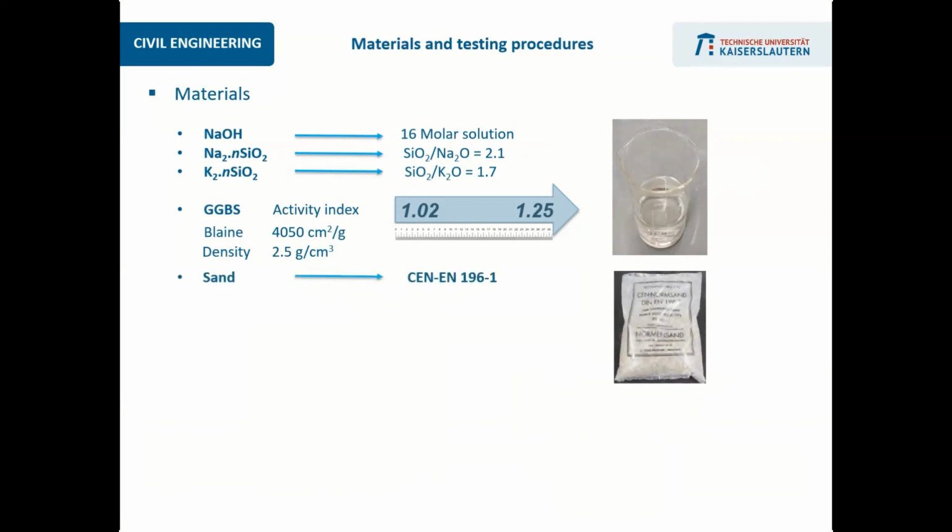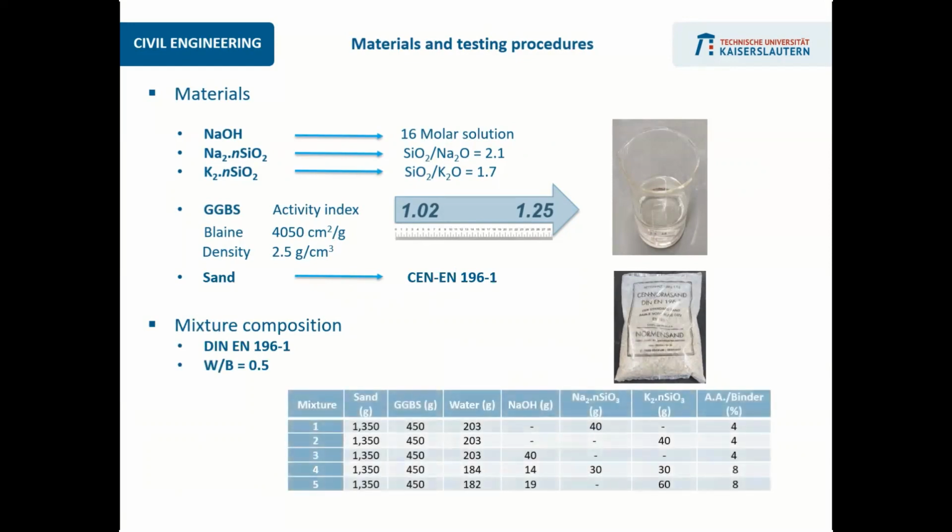The standard sand, according to EN 196-1, was used to produce the mortars, and the mixture composition was according to EN 196-1, with a water to binder ratio of 0.5. The mixtures can be observed in the following tables. I have considered 5 mixtures in this study.